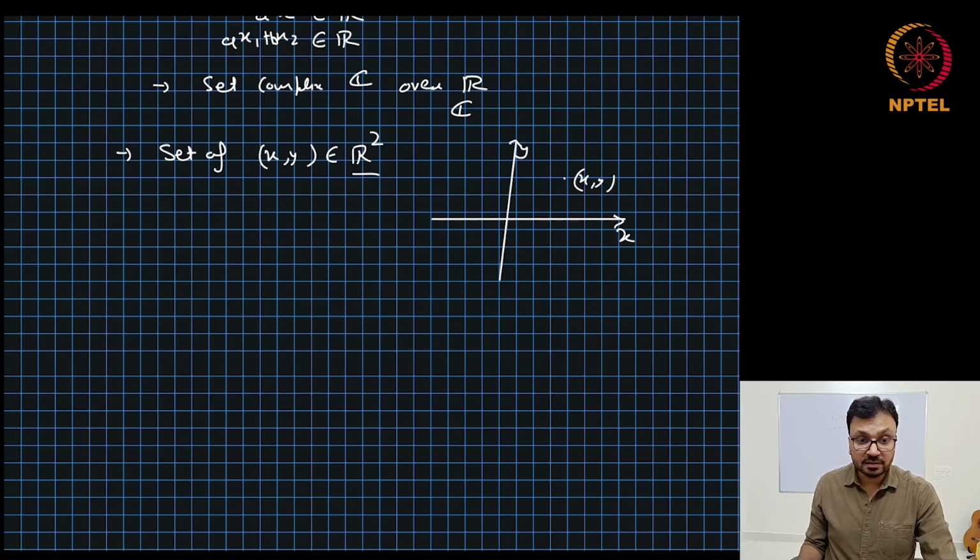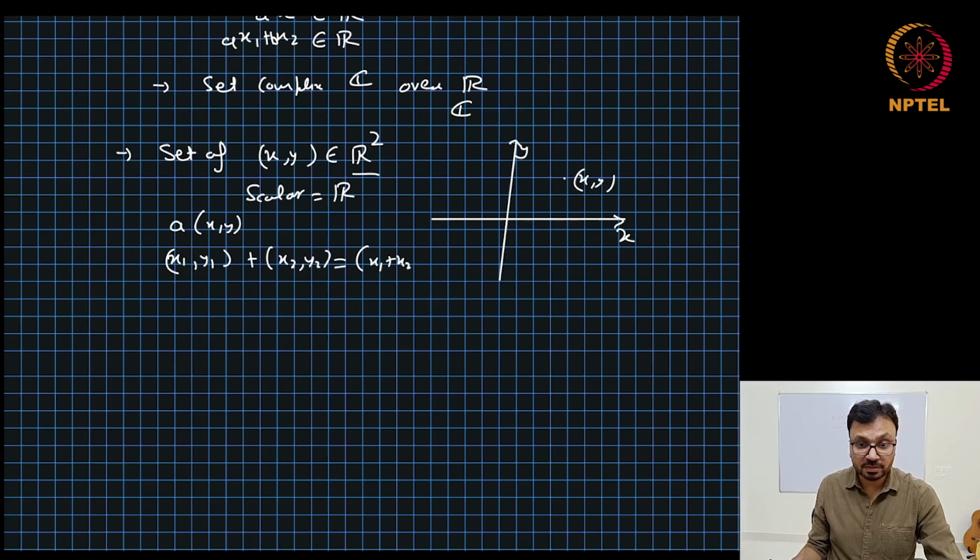Now the scalars will be the real numbers, and if we multiply a vector x, y with a scalar, we get another vector in the same two-dimensional plane. We can define the addition operation as x1 plus x2, y1 plus y2.